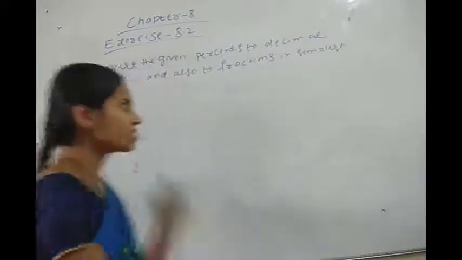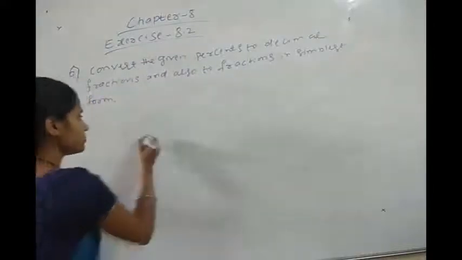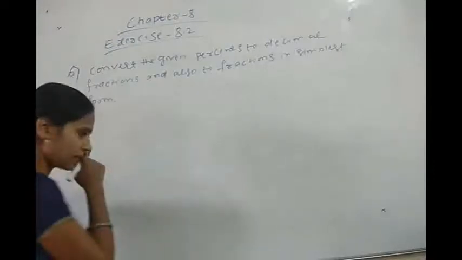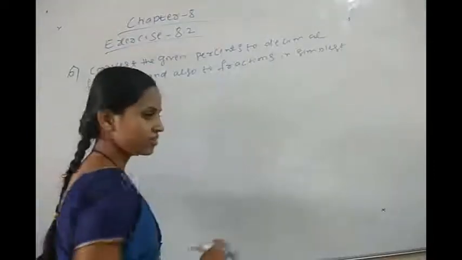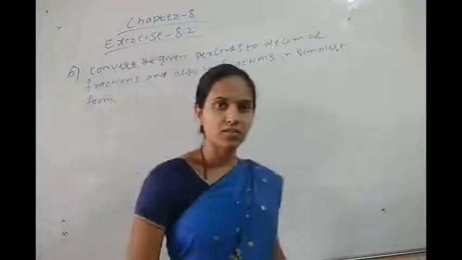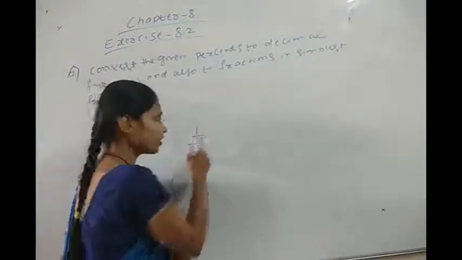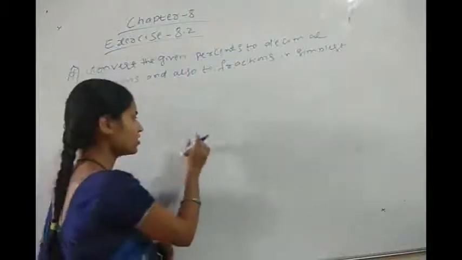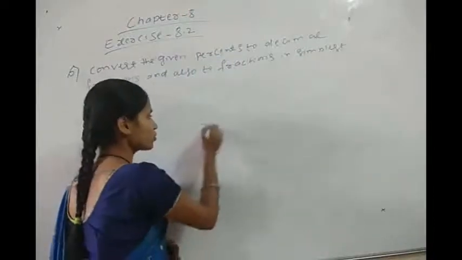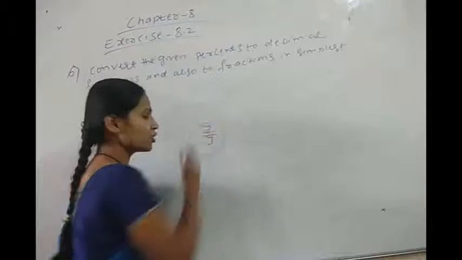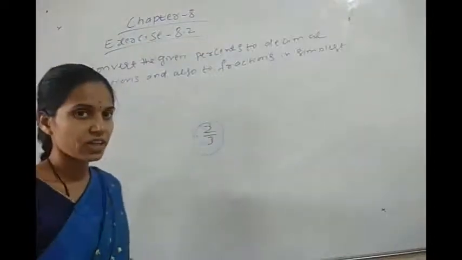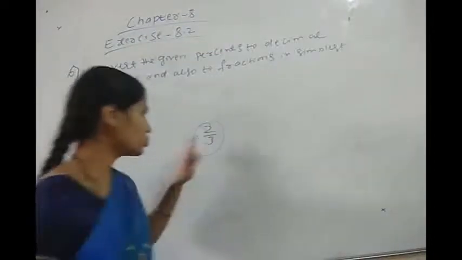Okay, the fraction in its simplest form is nothing but a fraction having, in a fraction we are having the numerator and denominator also. Suppose 2 by 3. Here 2 is the numerator and 3 is the denominator. Now 2 by 3.